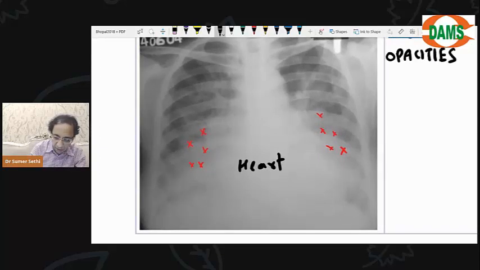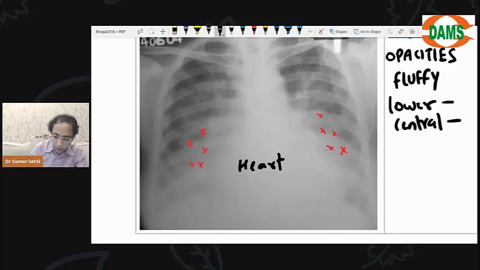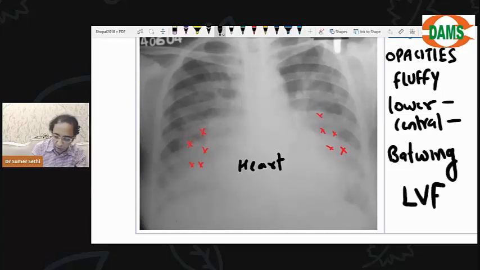These are fluffy, not very white, fluffy. Lower zone, central predominant. Can you give it a name? Yes, I can call it bat wing appearance, seen in left ventricular failure. Clear?